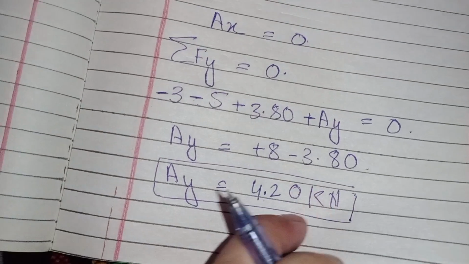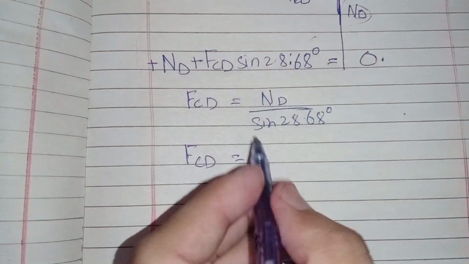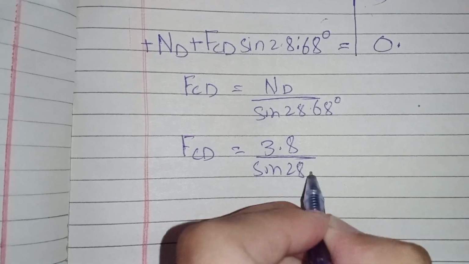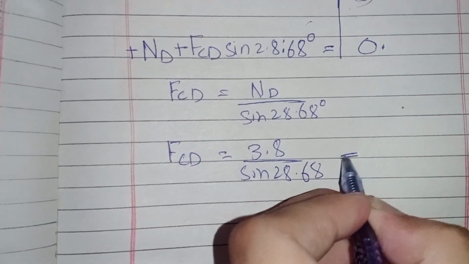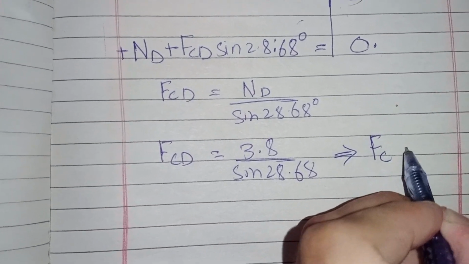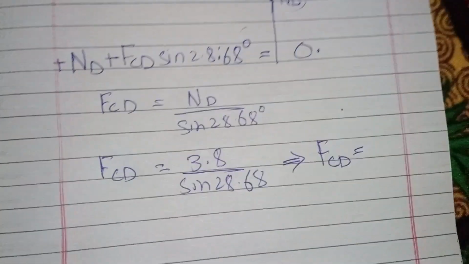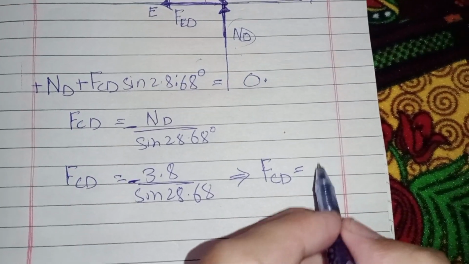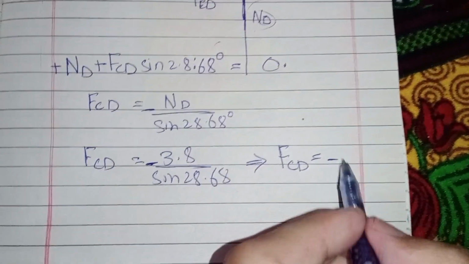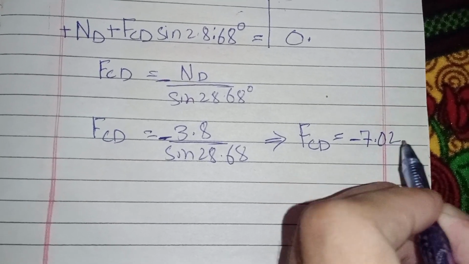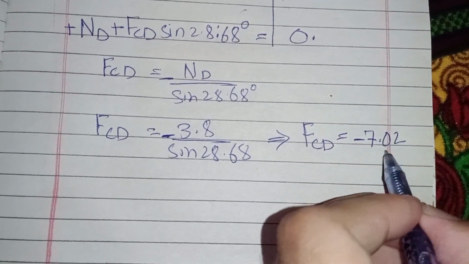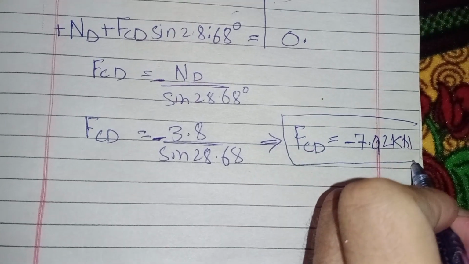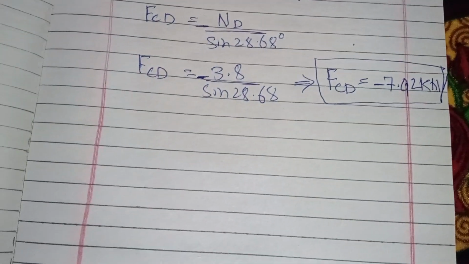What was ND? ND was 3.8 kilonewton. When you calculate it, this is a negative sign, so FCD will be equal to negative 7.92 kilonewton.